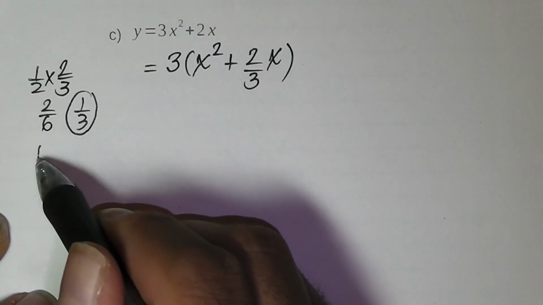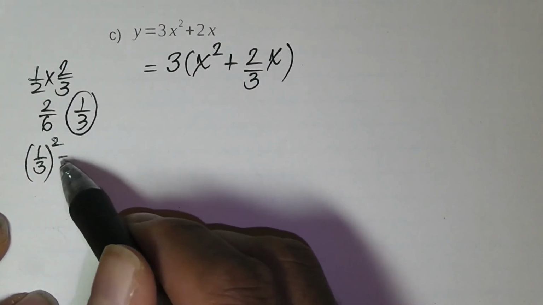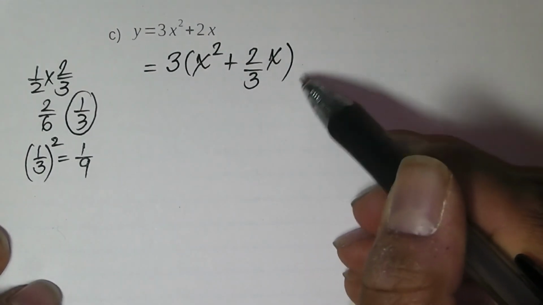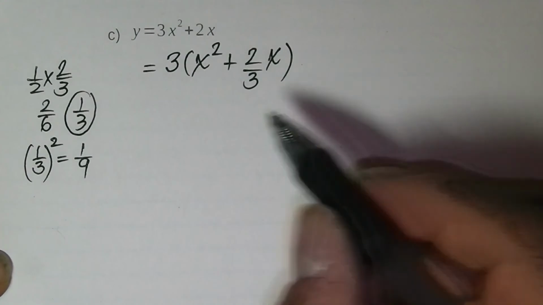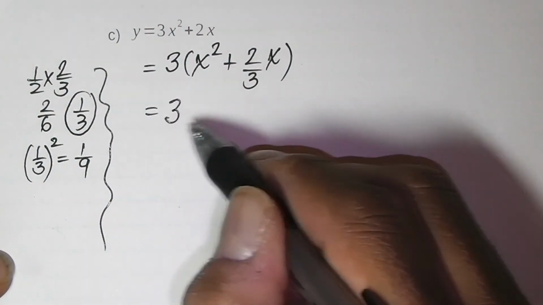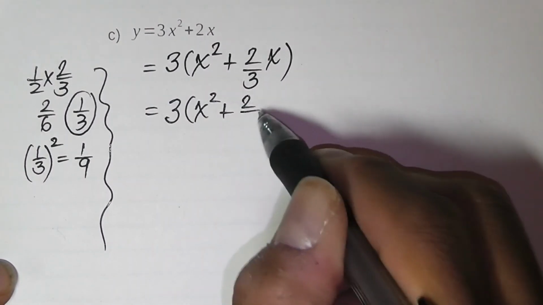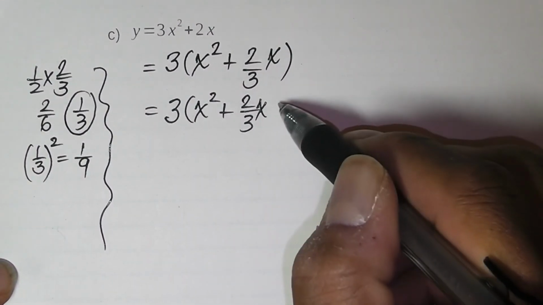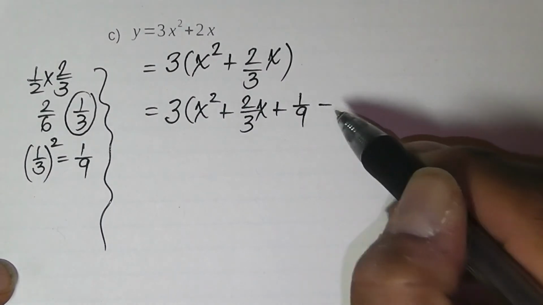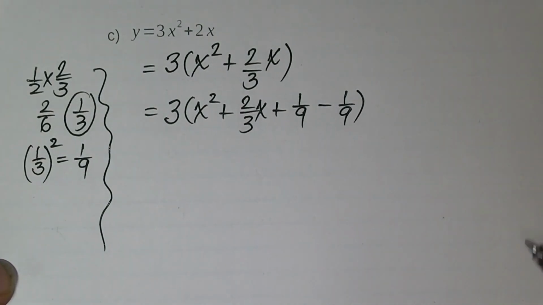That's the number I normally take and square. So 1 over 3 squared is going to give me 1 over 9. And that's the quantity that gets added and subtracted inside. So this looks like 3 x squared plus 2 over 3x plus 1 over 9 minus 1 over 9, close brackets.